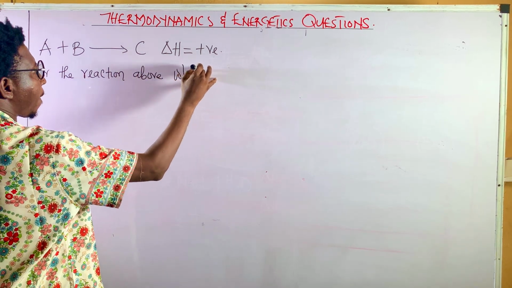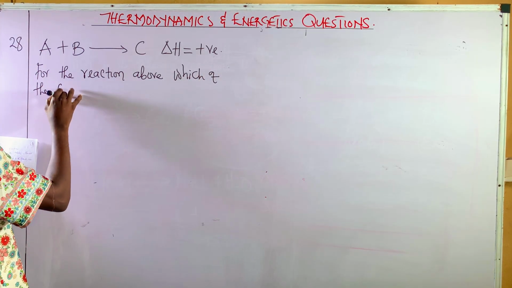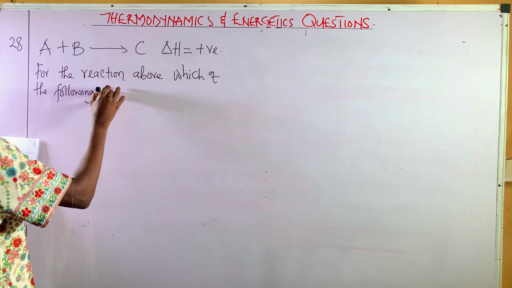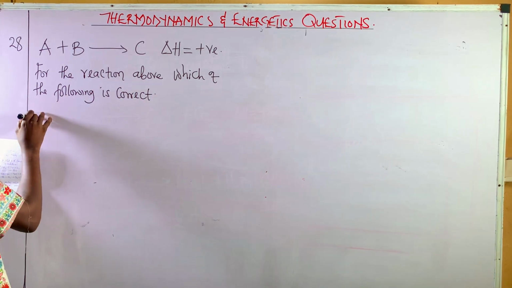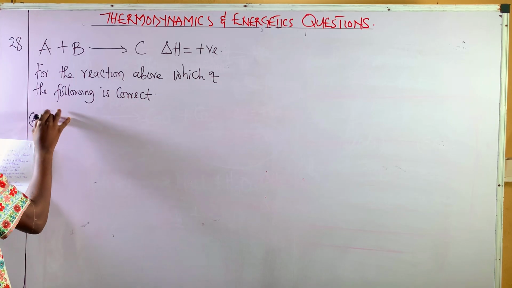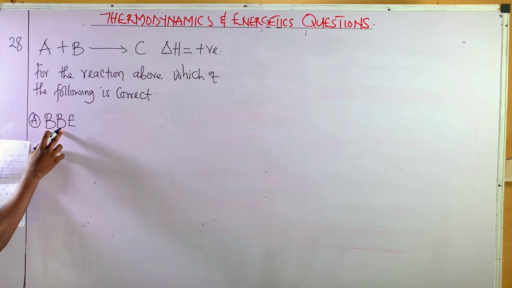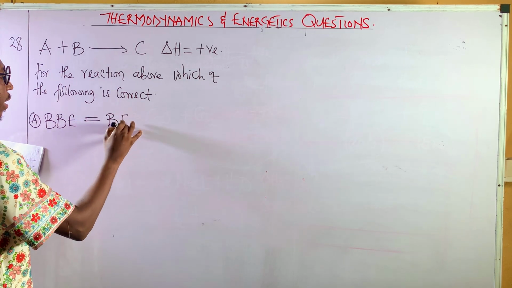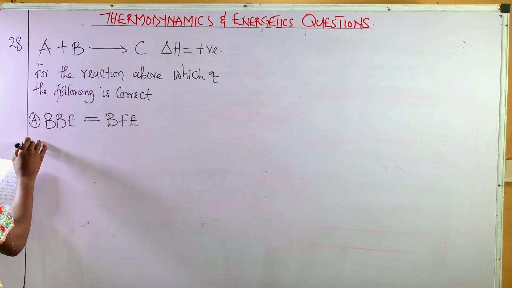which of the following is correct? Option A, BBE, which stands for bond breaking energy, equals BFE, bond formation energy.